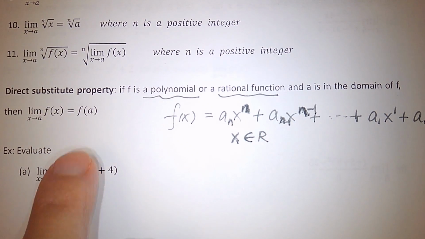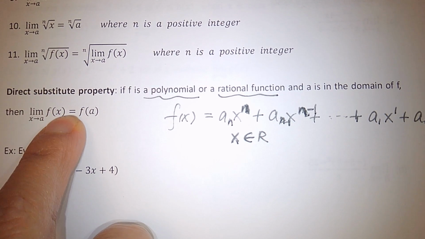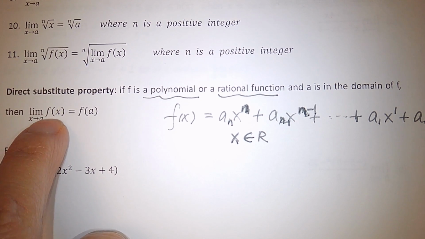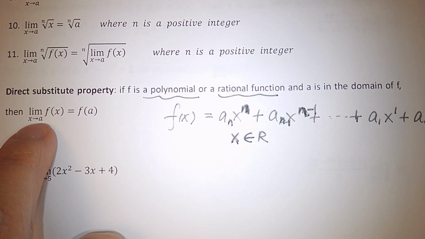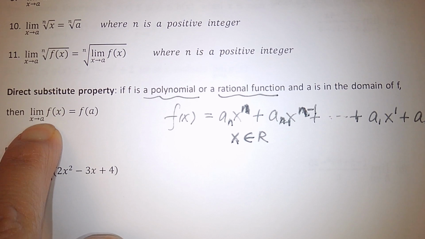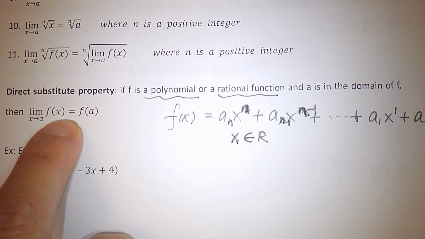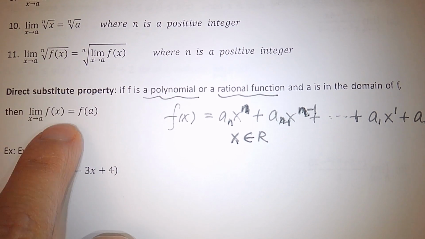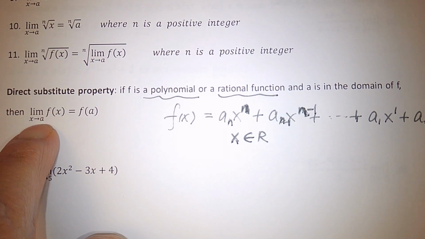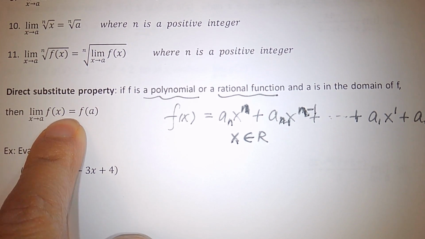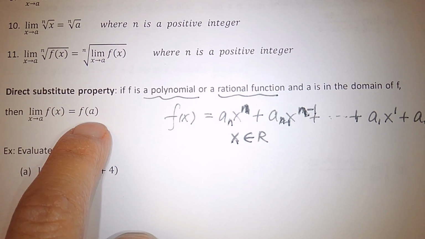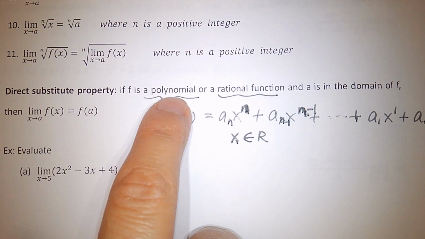So when we have a polynomial function and we want to compute its limit when x approaches a constant a, what do we do? We just directly substitute x by a. So the limit of the function will be exactly equal to f of a, for polynomial functions.